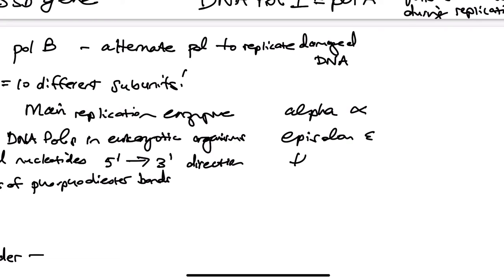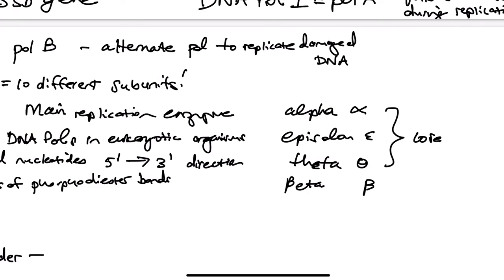It also has a theta subunit, with the theta symbol. And these subunits form the core of the pol 3 molecule. The beta subunit is a very important subunit.